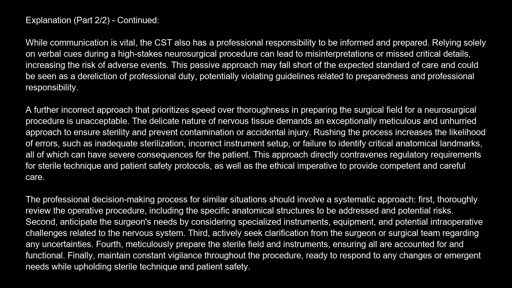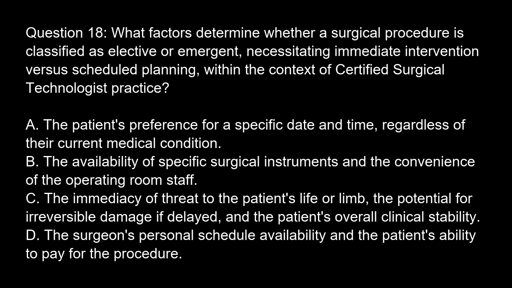Third, actively seek clarification from the surgeon or surgical team regarding any uncertainties. Fourth, meticulously prepare the sterile field and instruments, ensuring all are accounted for and functional. Finally, maintain constant vigilance throughout the procedure, ready to respond to any changes or emergent needs while upholding sterile technique and patient safety.